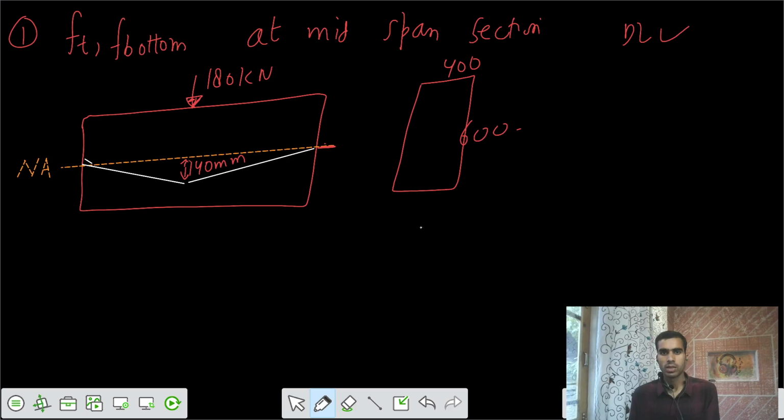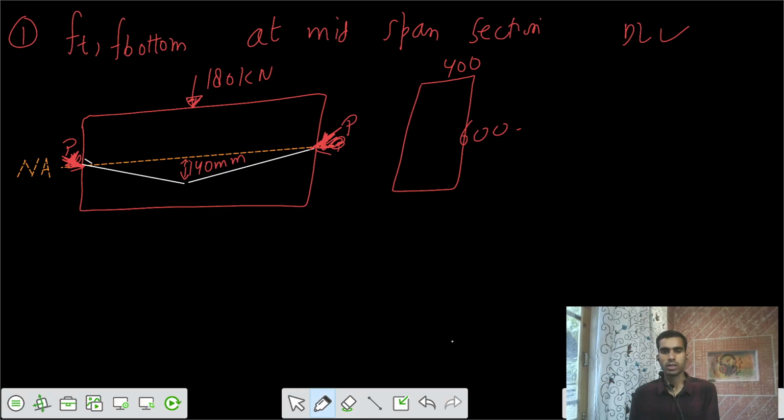And this cable has some force of P. We can show that this cable is going outwards in this fashion. Then we are applying some force of P this way, on this cable.